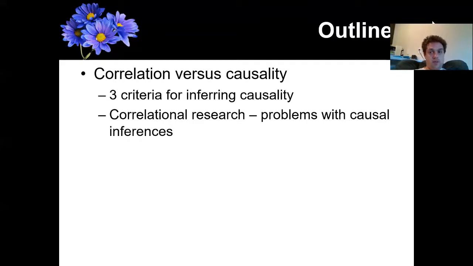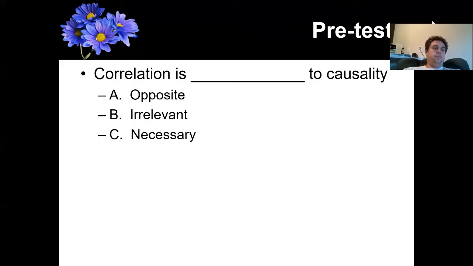So we'll look at these and then we'll see which of those is correlational research missing. But first, to think about this question, I don't mean to overload you: correlation is what to causality? Opposite, relevant, or necessary?